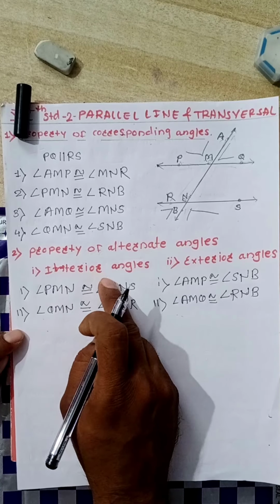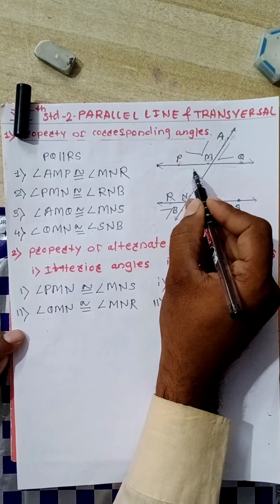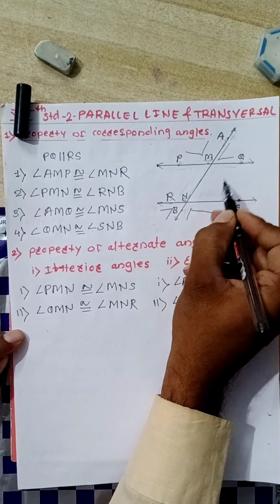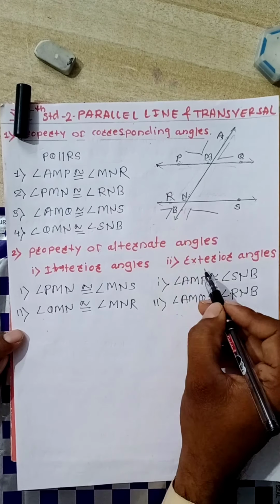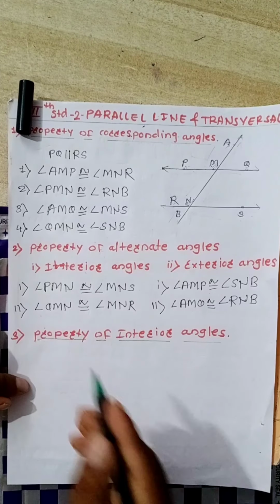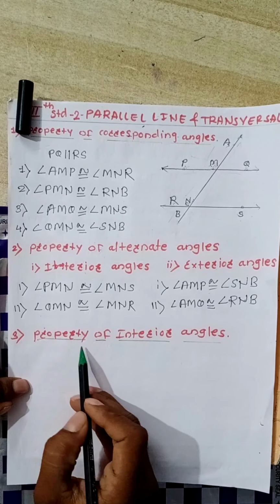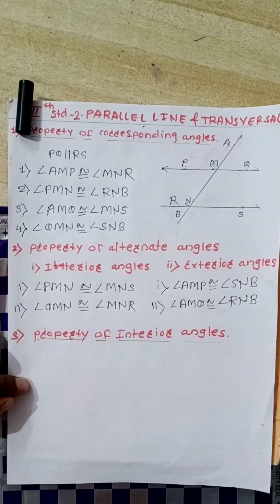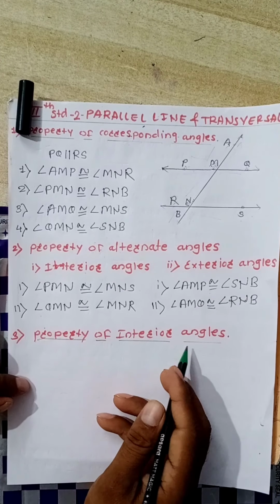Interior alternate angles means the inner sides of the transversal and parallel lines. Exterior angles means this. So our next topic is property of interior angles.